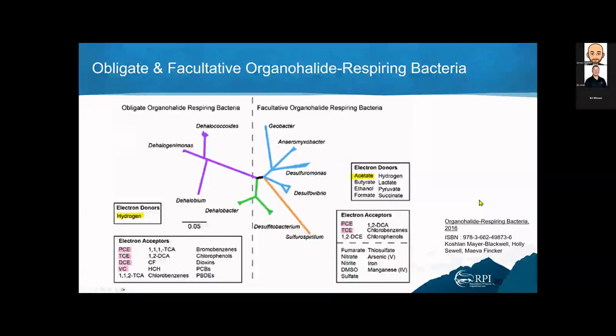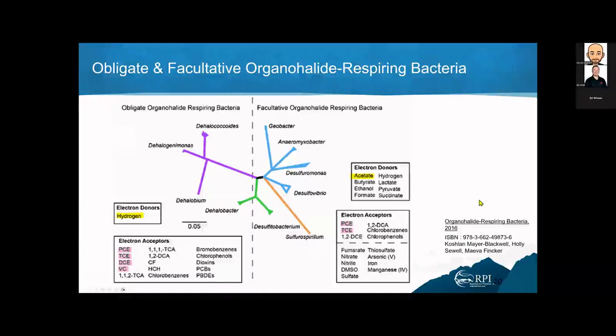If you were to buy, say, KB-1, it would include a few species of Dehalococcoides and Dehalobacter. These require hydrogen, as I've marked in yellow, but they will allow, in most cases, you to go from PCE all the way to ethene.